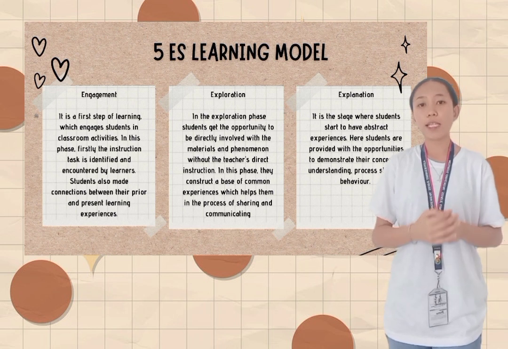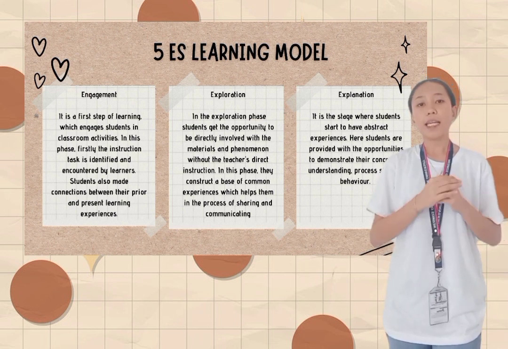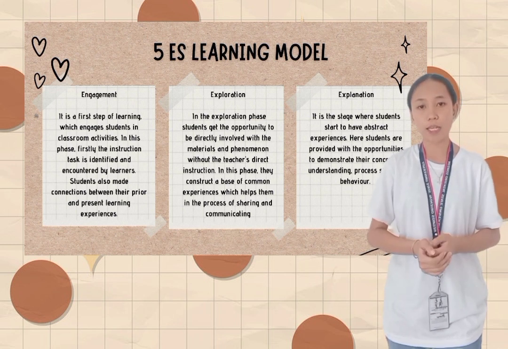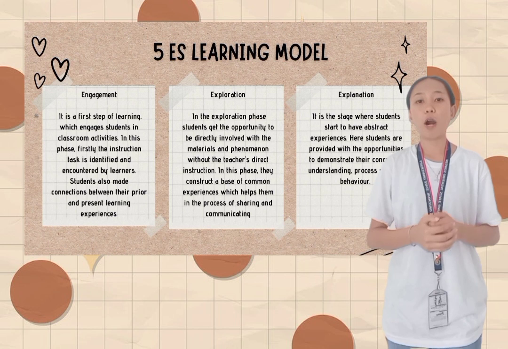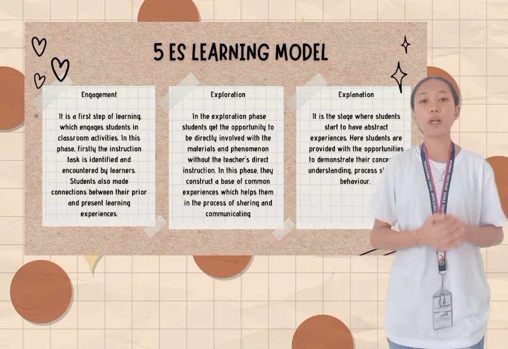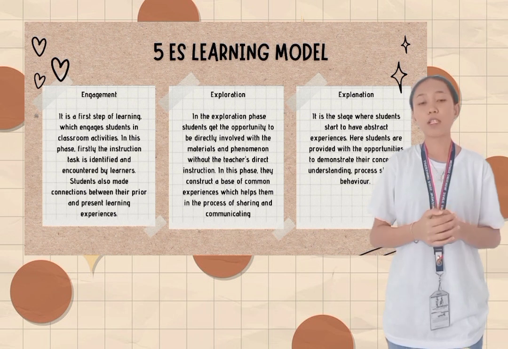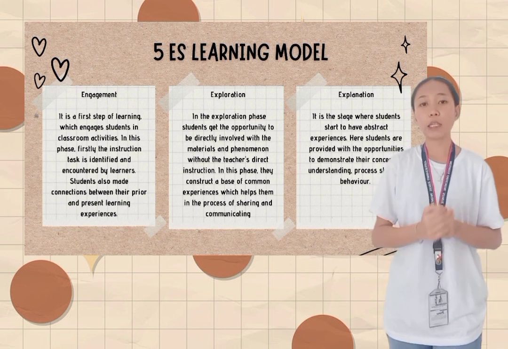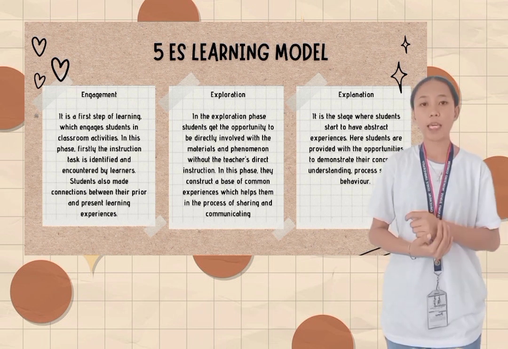The third one is explanation. It is the stage where students start to have abstract experiences. Here, students are provided with opportunities to demonstrate their conceptual understanding, process skills, or behavior. In this phase, the teacher stimulates the learner's process of thinking.